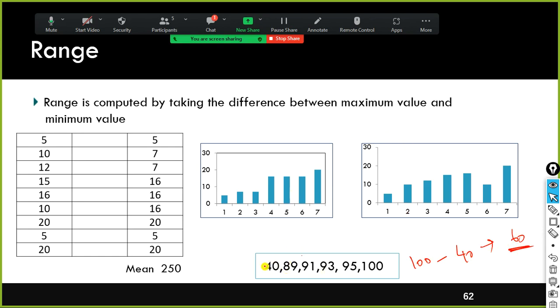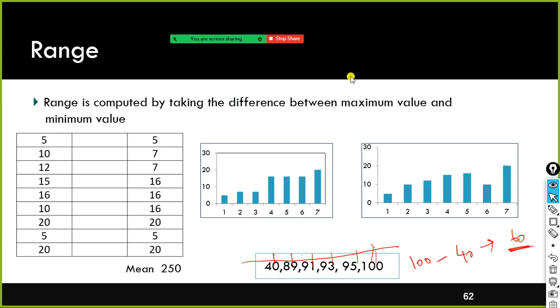See, if you plot it, I am going to draw a line here. 40 is here, 89 is here, 91 is here, 93, 95, 100 is here. Almost all the values are closer. Now you tell me, is this data set heavily skewed or non-skewed?